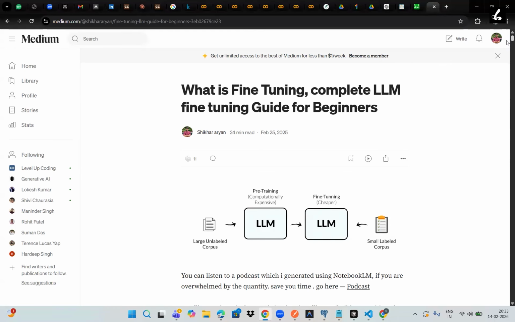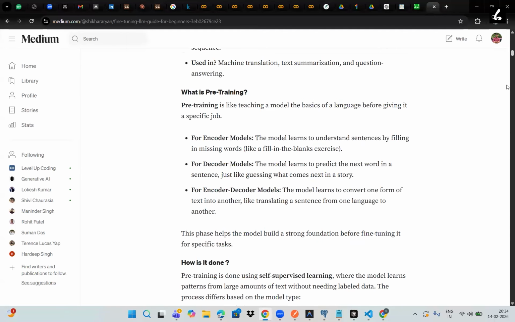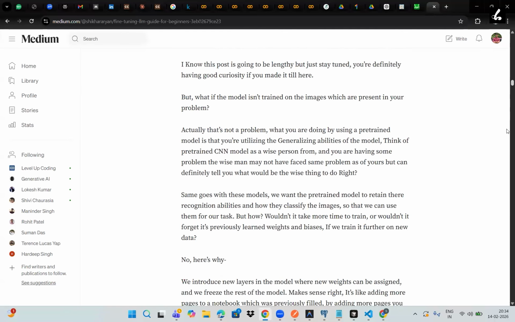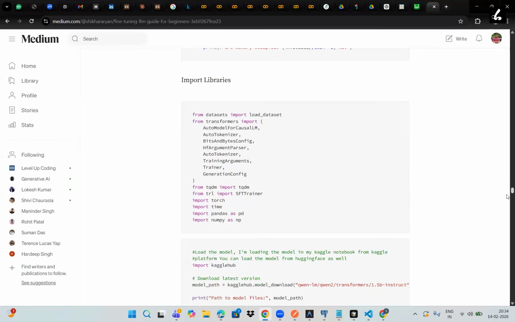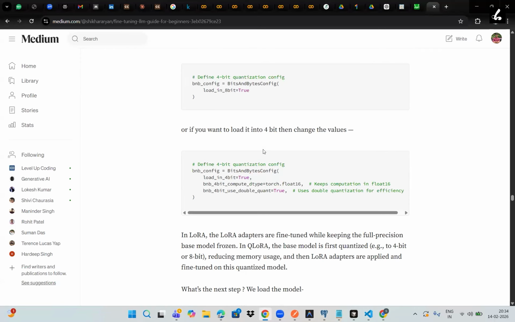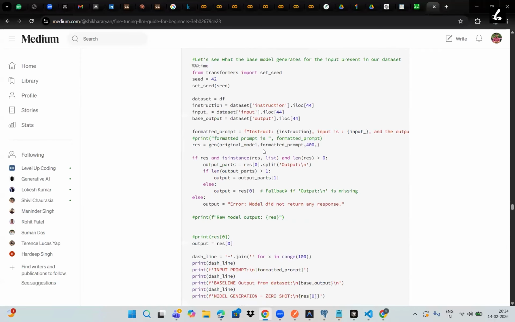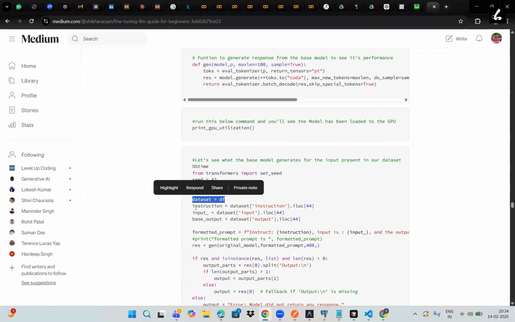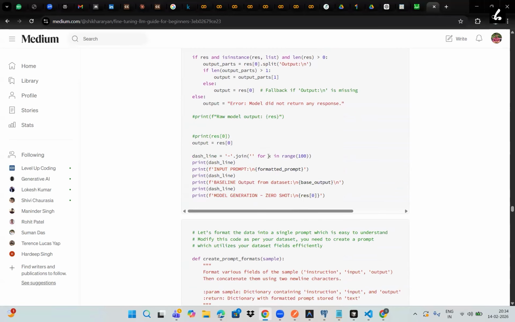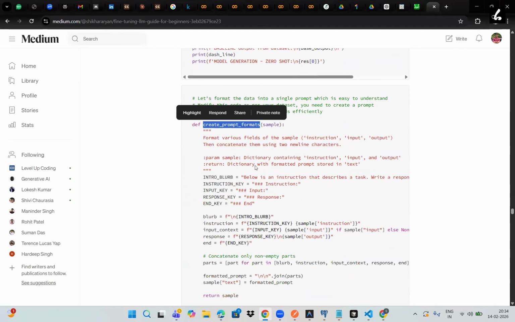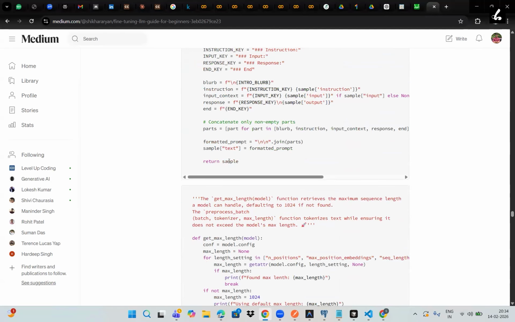Let me go down to the training part. We have a dataset with instruction, input, and output. These three pieces of information are present in the dataset, and we convert them into a prompt with the create prompt format, then iterate over the samples.